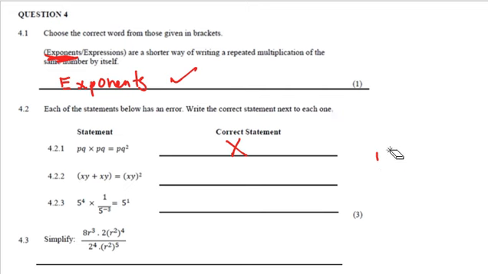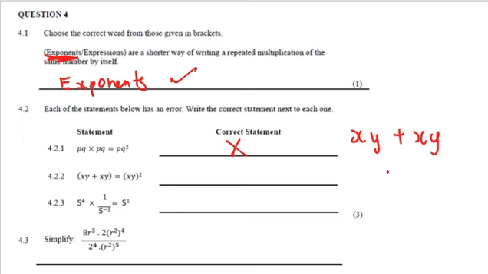Then let's look at this one. Here they are trying to trick us. They're asking if xy plus xy is the same as (xy) squared. Let's check the left hand side first. xy plus xy, what does it equal?